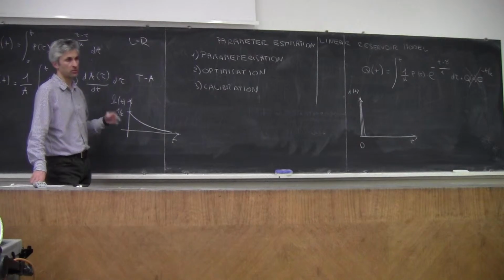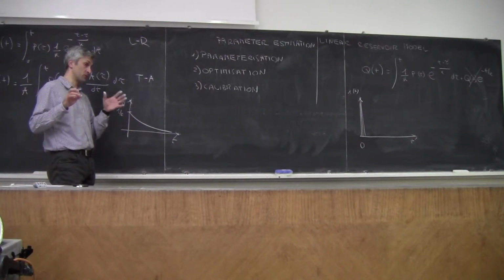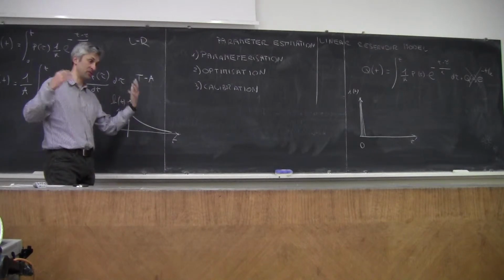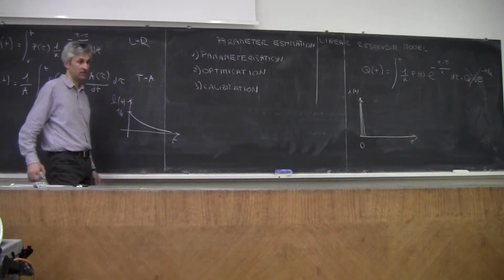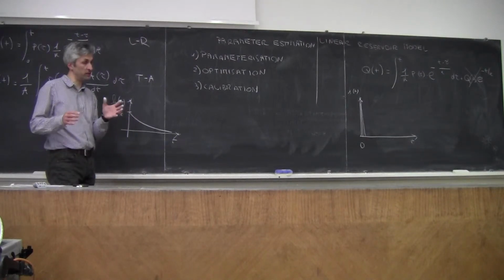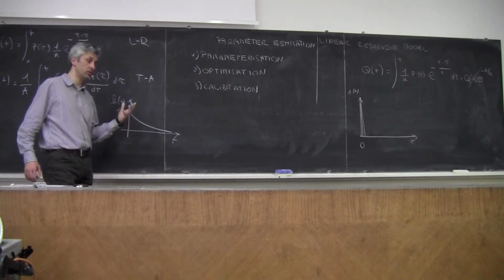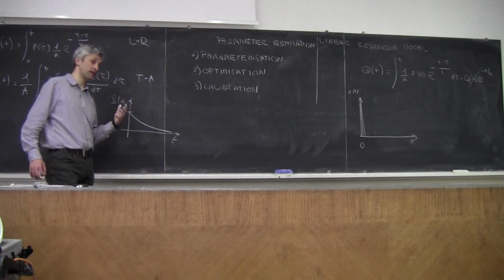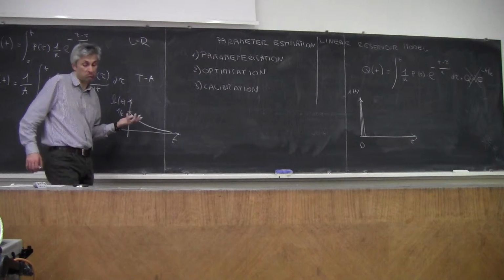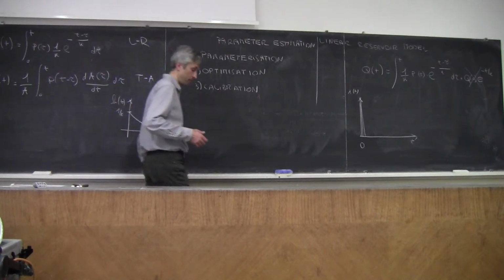These are some terms that are used interchangeably, I hope my pronunciation is correct, like synonyms. And basically their meaning is to find the best value for the model parameters. The best value for the model parameters, plural, because in general models have more than one parameter.